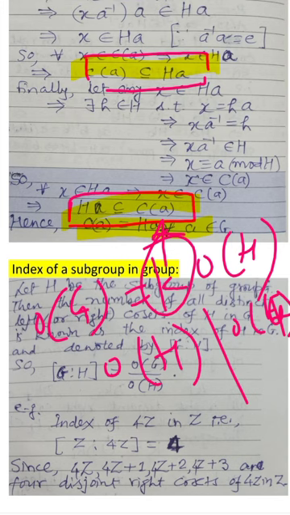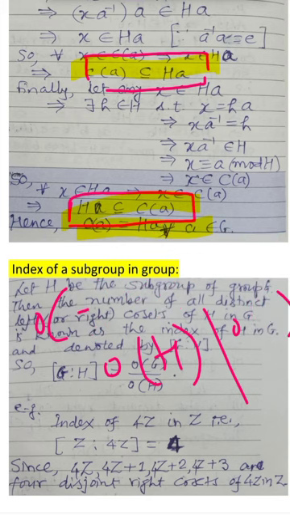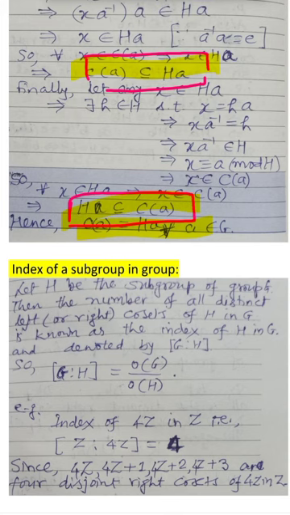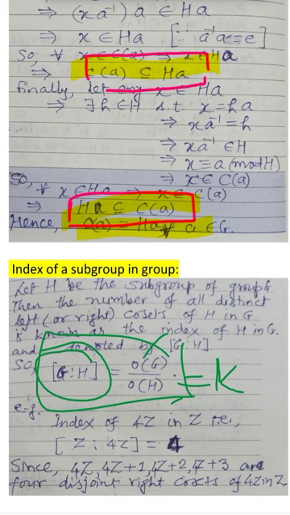तो दिस इज द डेफिनेशन ऑफ इंडेक्स ऑफ H इन G, and it is denoted by this symbol, and this K is equals to order of G by order of H. This is index.